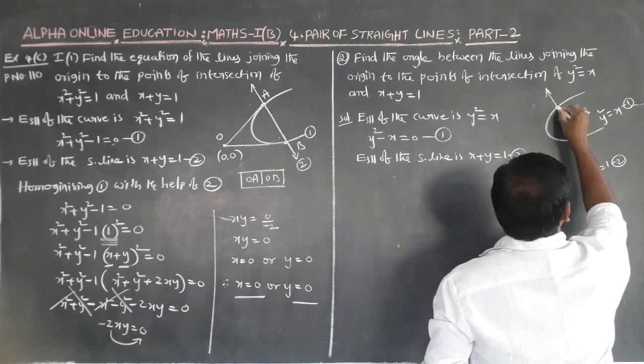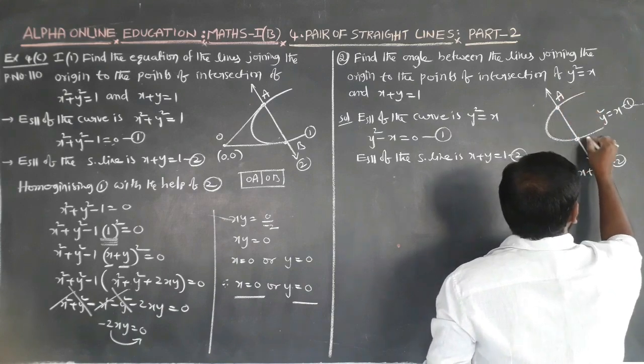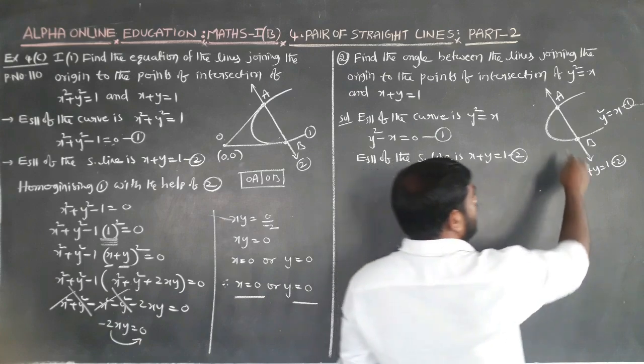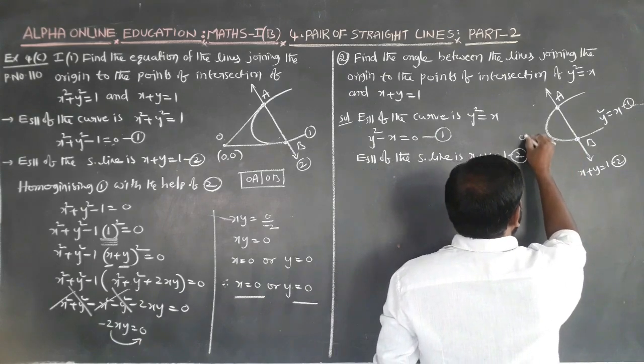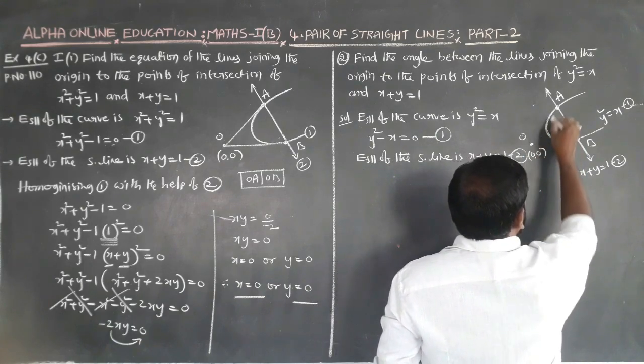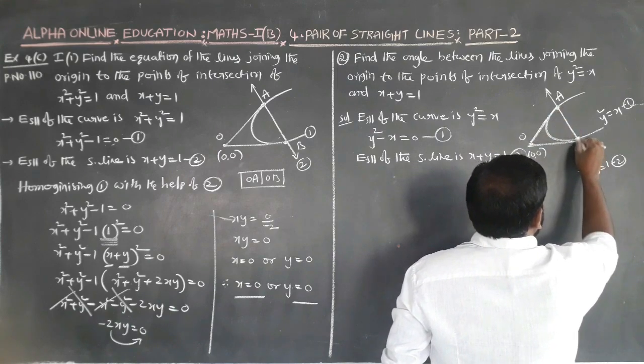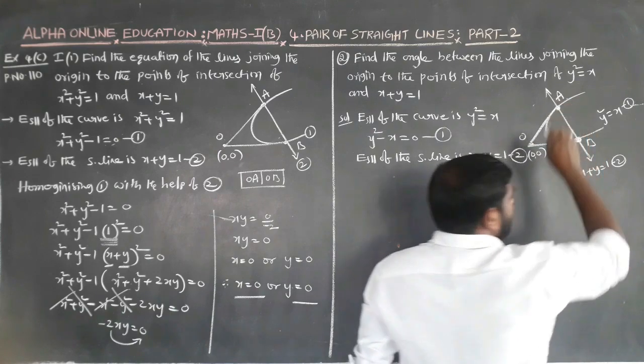Curve and line intersect at capital A and capital B. Here the lines joining the origin to the points of intersection of the curve and line.